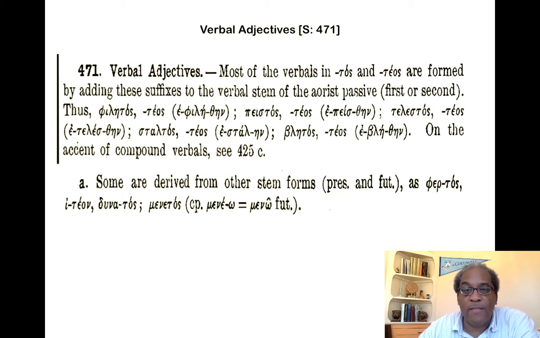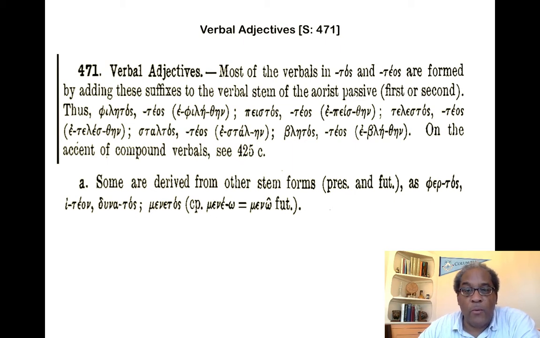And then you even have something like staltos, stalteos, from the second aorist passive of stello, estalen. And same thing with kleptos, kleipteos, from eblethen, from ballo. Now, you should consult Smyth 425c for the accent of compound verbals.